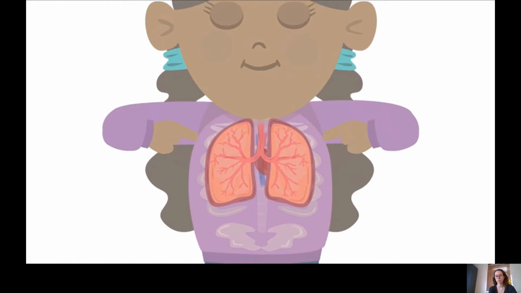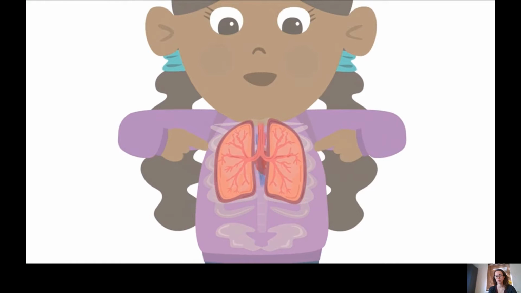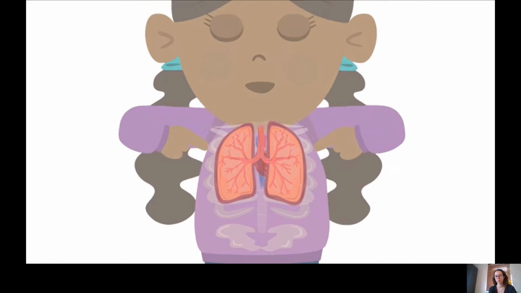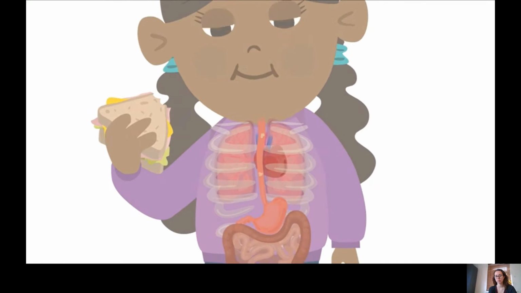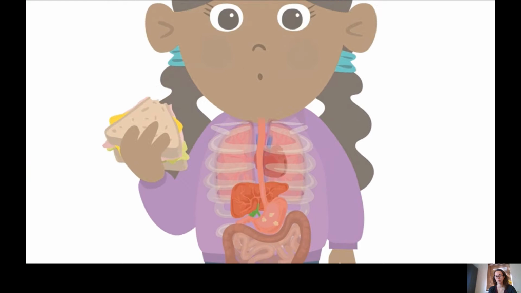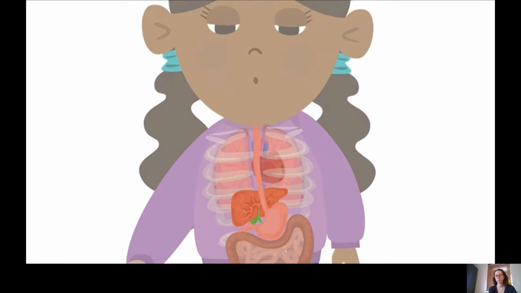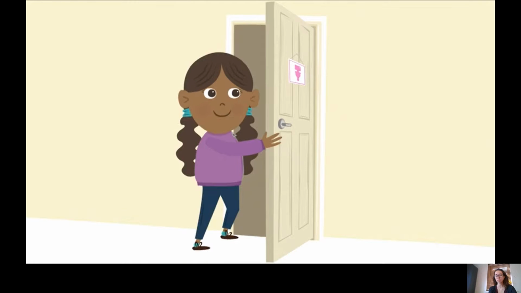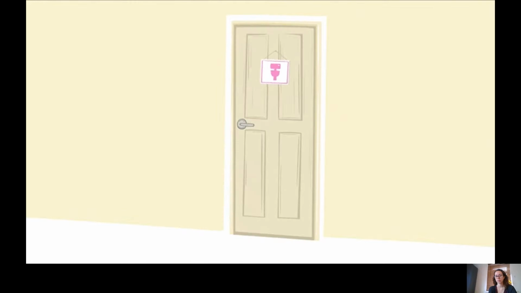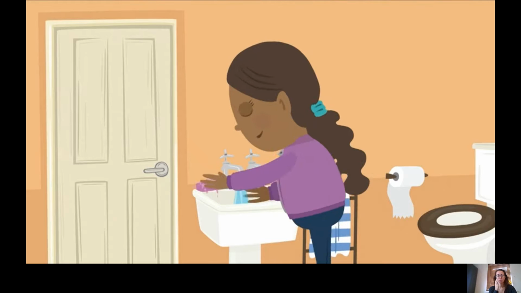Your lungs are protected by your rib cage. They bring air in and out of your body. Your stomach digests your food, breaking it down, ready for your liver to help digest it and store the nutrients. Your liver also cleans your blood before your kidneys filter it. All the waste is finally passed on to your intestines so it can leave your body.